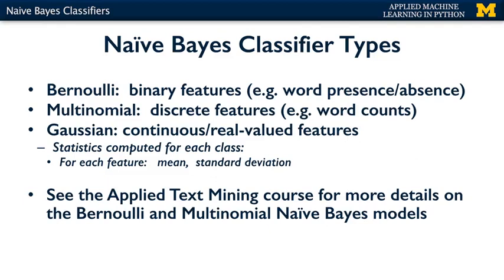During training, the Gaussian naive Bayes classifier estimates, for each feature, the mean and the standard deviation of the feature value for each class. For prediction, the classifier compares the features of the example data point to be predicted with the feature statistics for each class, and selects the class that best matches the data point.